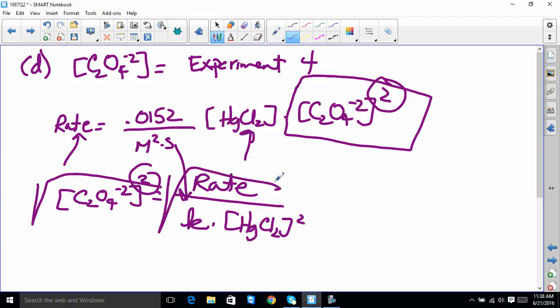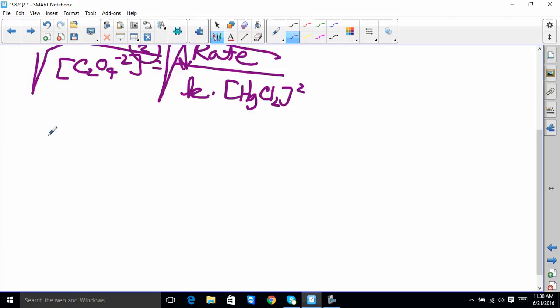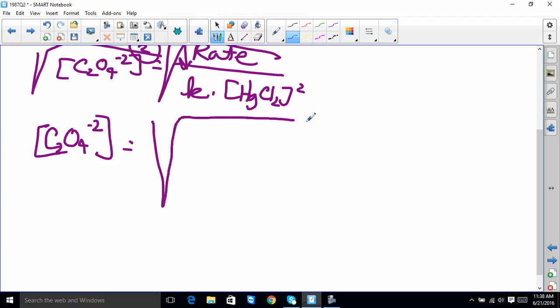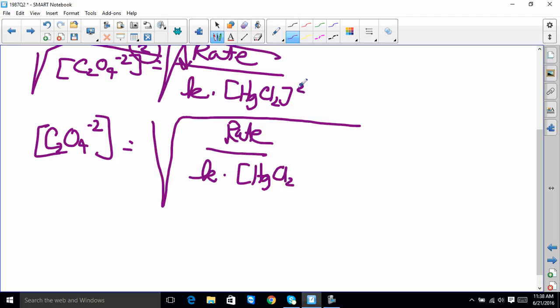The square root. And so doing the algebra first, although you don't have to, because in kinetics you don't have to use the factor label method, the oxalate ion concentration is found by taking the square root of the rate divided by K times HgCl2, not squared. That one's to the first power.